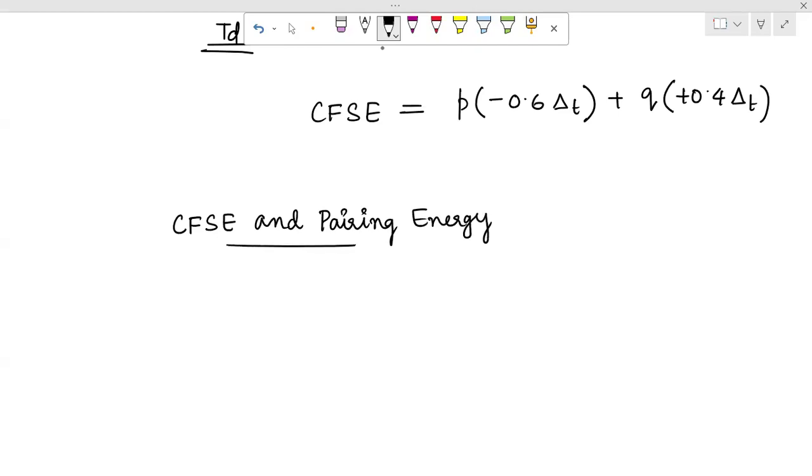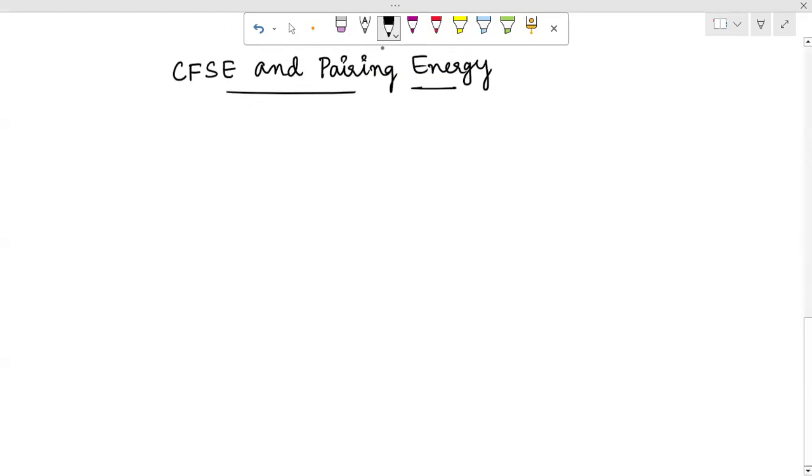Again, this is important. Now, let's do it from D1, D2, D3. Let's say you have D1. So we are talking about octahedral complexes, let's say. So you have T2G at the bottom, EG at the top. So let me please write it over here.